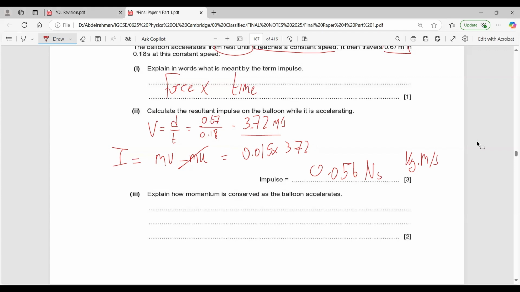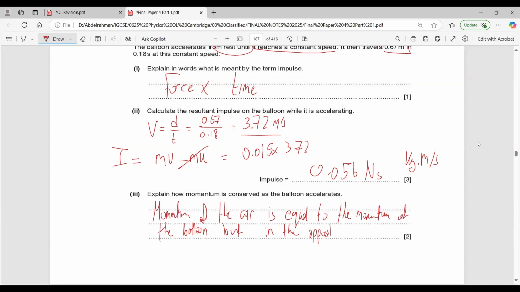The momentum of the air is equal to the momentum of the balloon, but in the opposite direction. So basically, if you add them up, they'll give you zero. Right? If we add them up, it would also be zero.